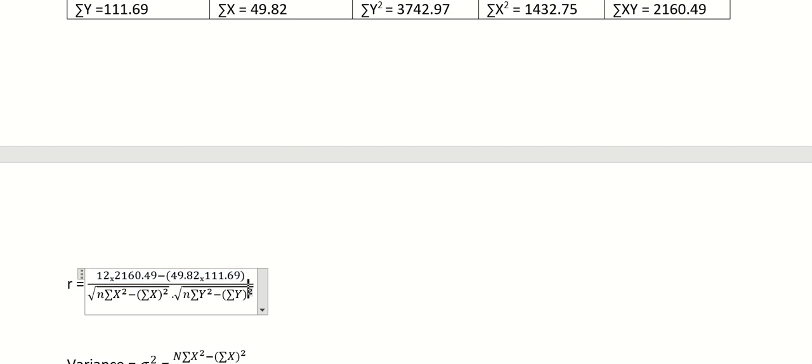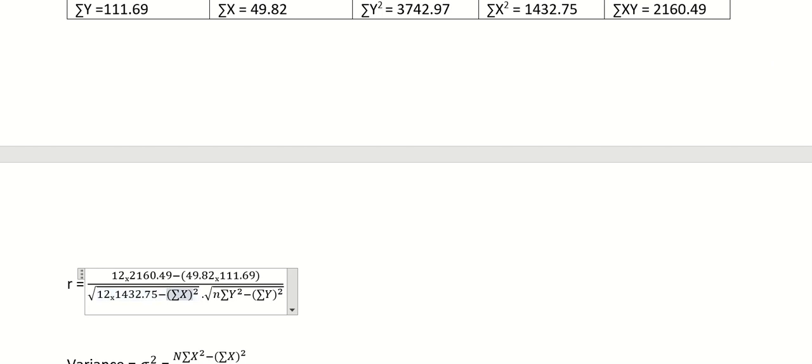Then again we'll put the values in denominator. N is 12. Summation of x square is 1432.75 minus summation of x whole square, right, raised to this.